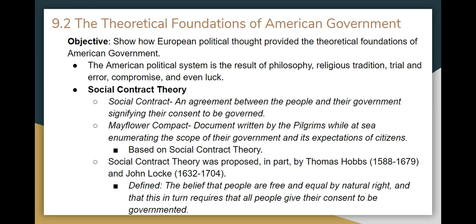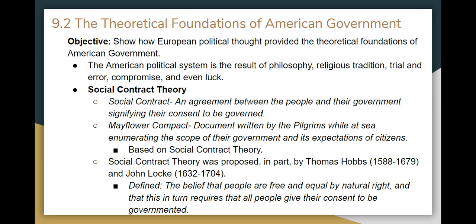An example of that would be the Mayflower Compact, a document written by the Puritans and other passengers on the Mayflower as it arrived, before getting off the ship, enumerating the scope of their government and the expectations of the citizens.